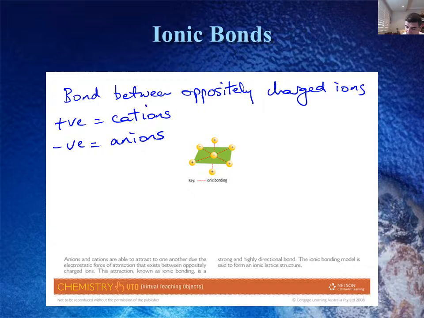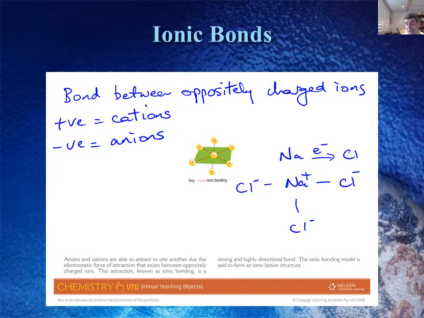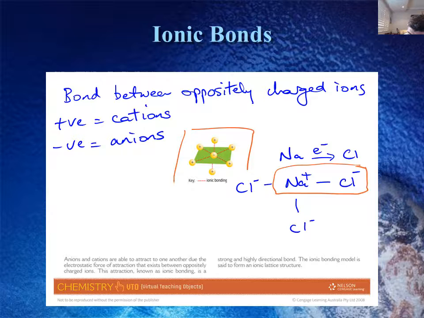The problem that we have is if one sodium donates its electron to one chlorine, and as a result of that, the sodium becomes positive and the chlorine becomes negative, this positively charged ion will attract negatively charged chlorines in all directions. So it won't just attract the original chlorine with which it exchanged the electron, but it will attract them in all directions.